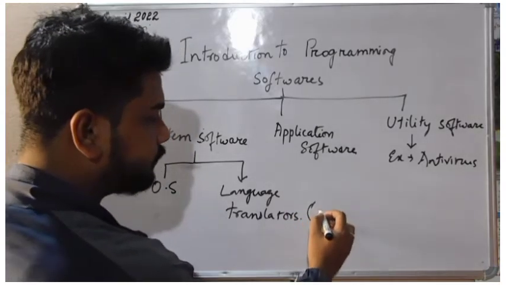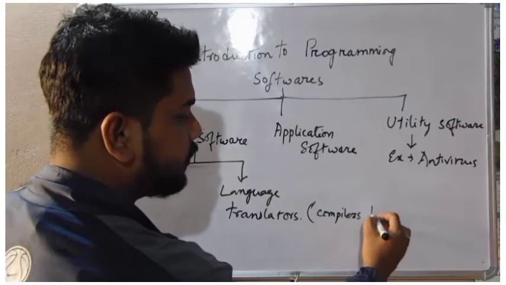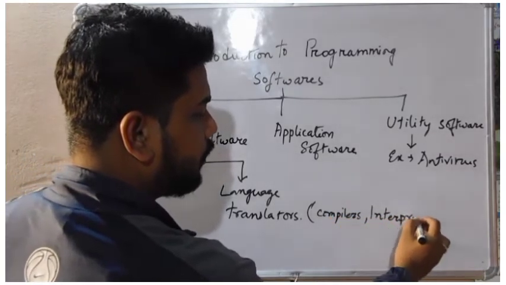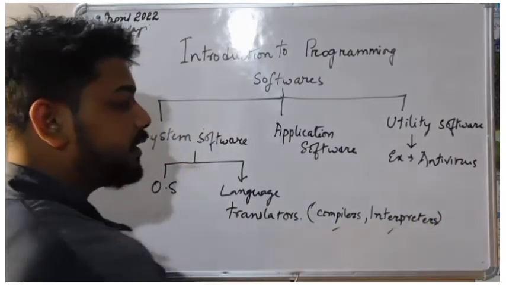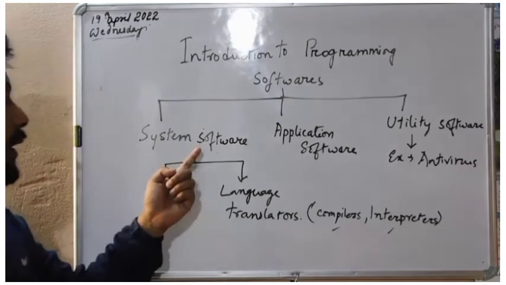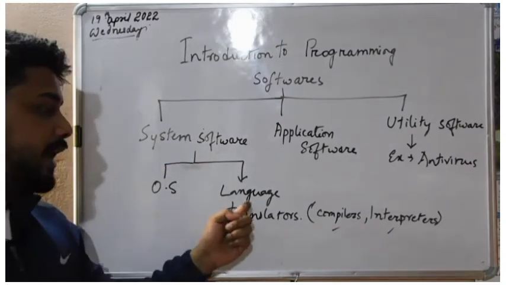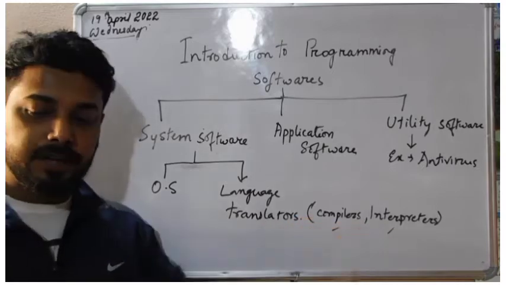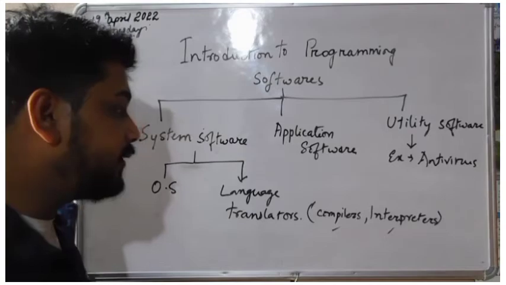They are compilers or interpreters. In the system software you have two parts: the operating system, which I have already explained, and language translators, that is compilers and interpreters. Now what is the functionality of these two? Let us see that.